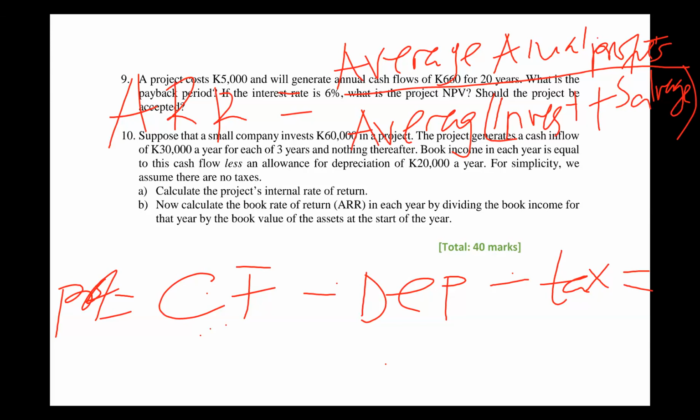Sometimes you may be given a lot of the cash flows, the cash inflows. So how are you going to calculate for the profit? That is very important. You just consolidate all the cash flows, add all the cash flows, then find the depreciation.